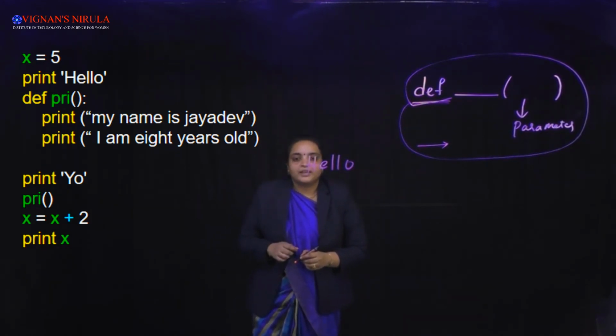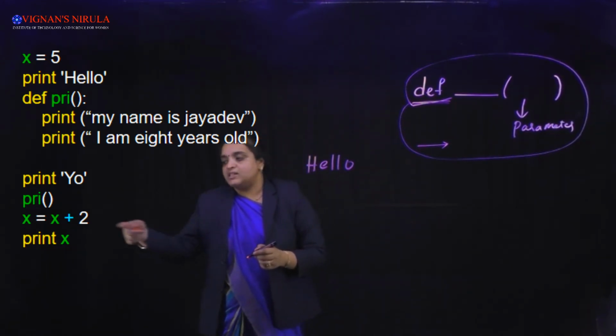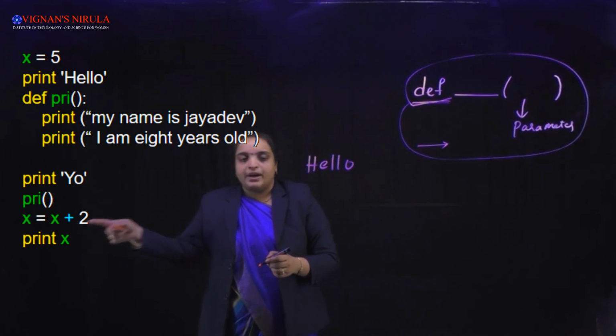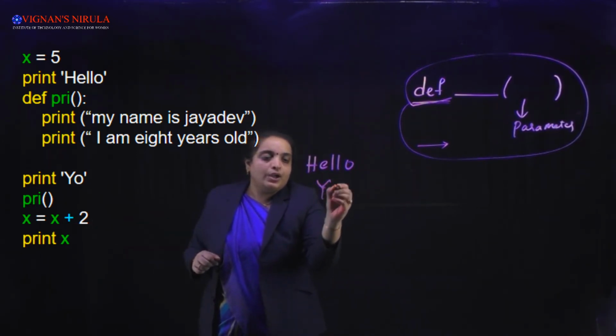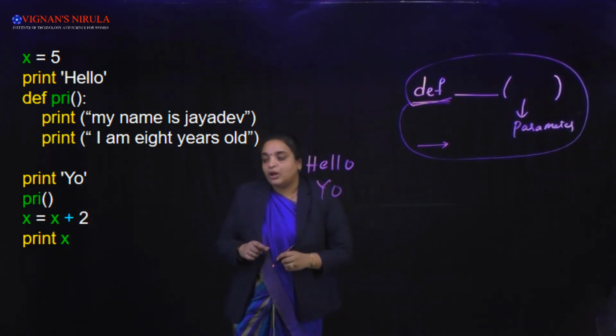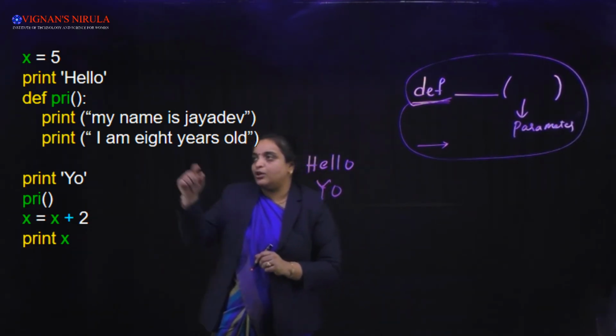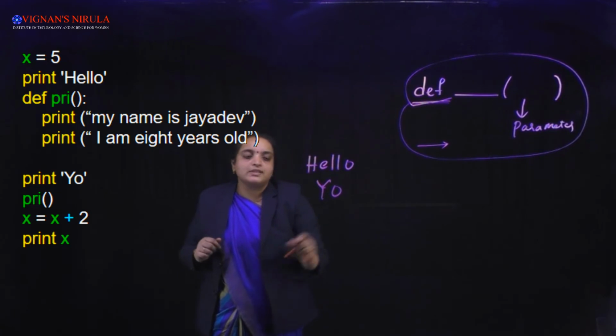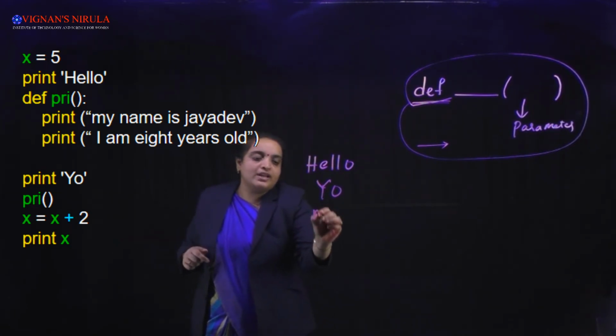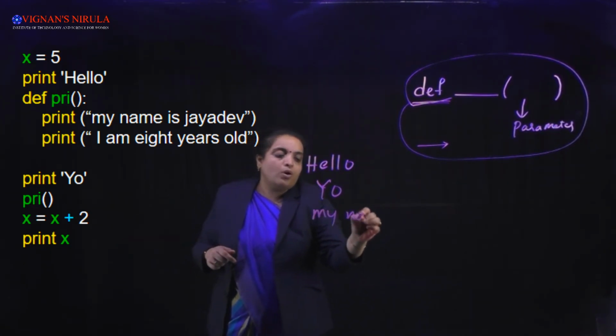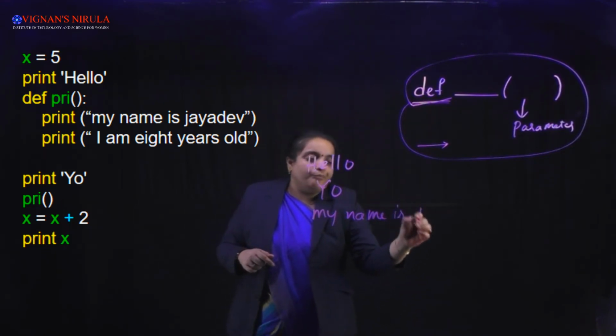After that it will come to the next print statement, that is print yo. So it will print yo. Then it will call the function, that is pri. So in this pri, what are the two statements that are there? The first statement is my name is Jaydev. So it is executed. So my name is Jaydev.